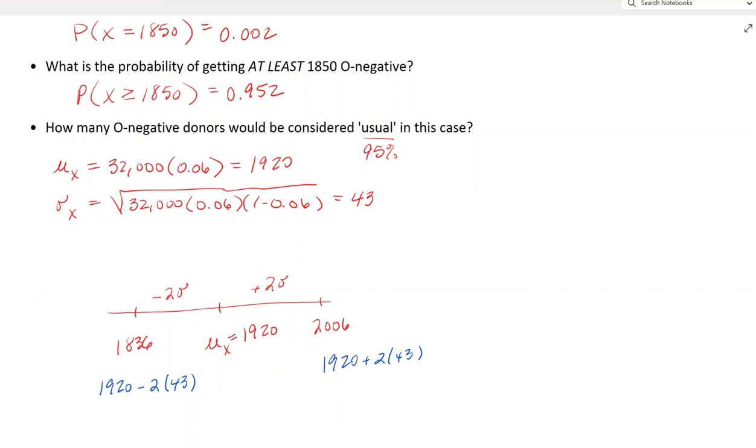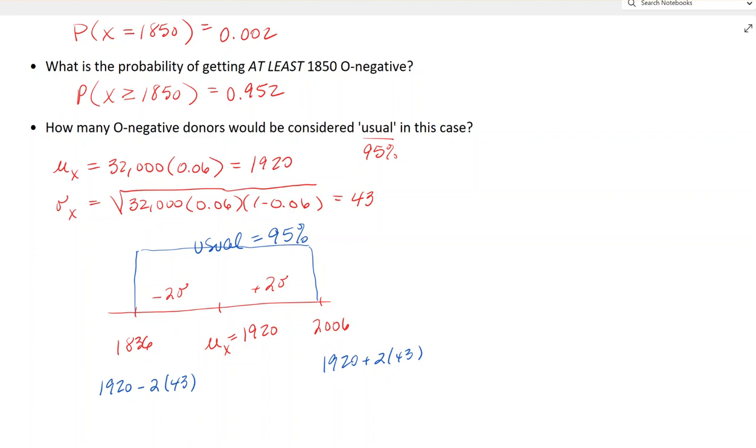So what this means, according to the empirical rule, is that if I am within 2 standard deviations of the mean, this is what is usual to happen, right? 95% of the time, this is what will happen.